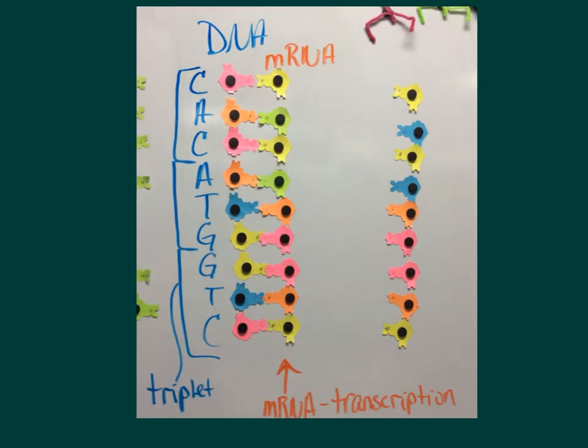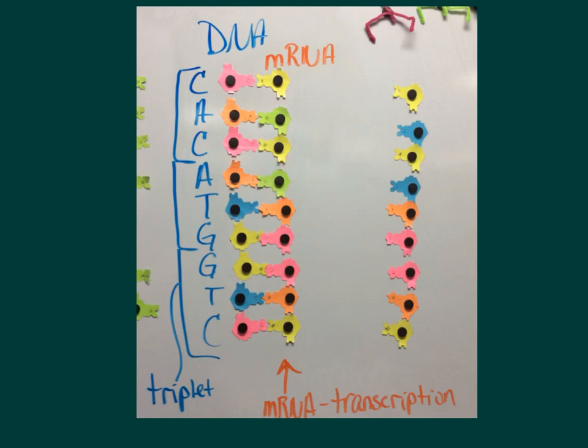The first thing that happens in transcription is that a strand of mRNA is created from a strand of DNA. Unlike DNA, mRNA has no T, it actually has a U. Here you can see the A in DNA is matched up with a U in mRNA.